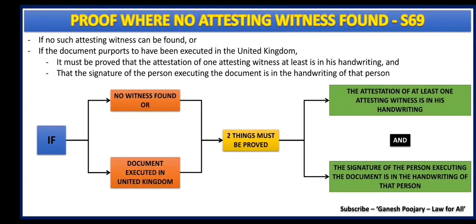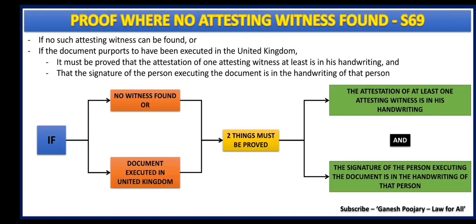One, the attestation of at least one attesting witness is in his handwriting. Now such attestation should be in handwriting. If there were 2 attesting witnesses, at least one should have attested by his handwriting. That is the first requirement. And it is not or, it is and. One more condition is there. What is that?